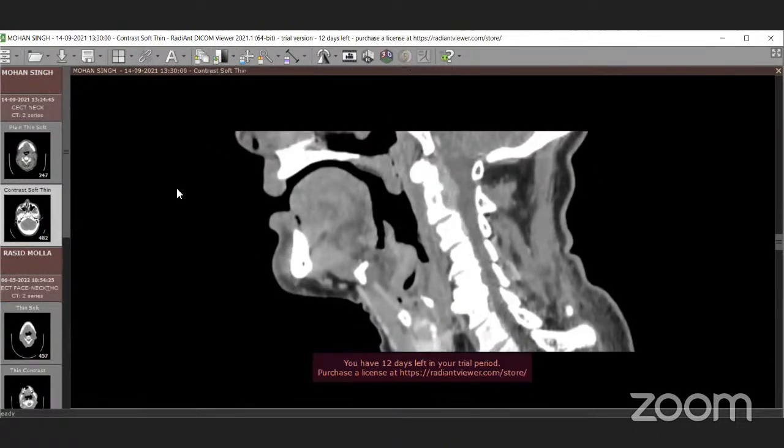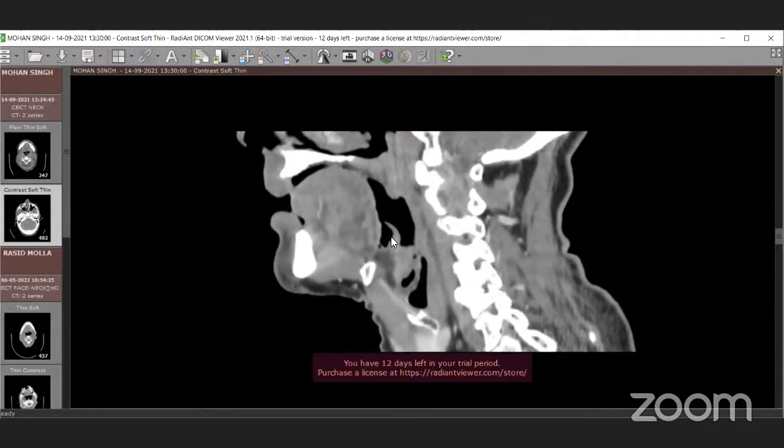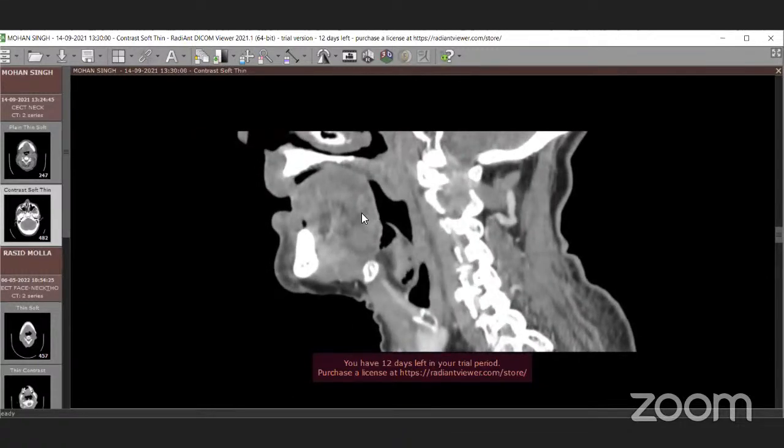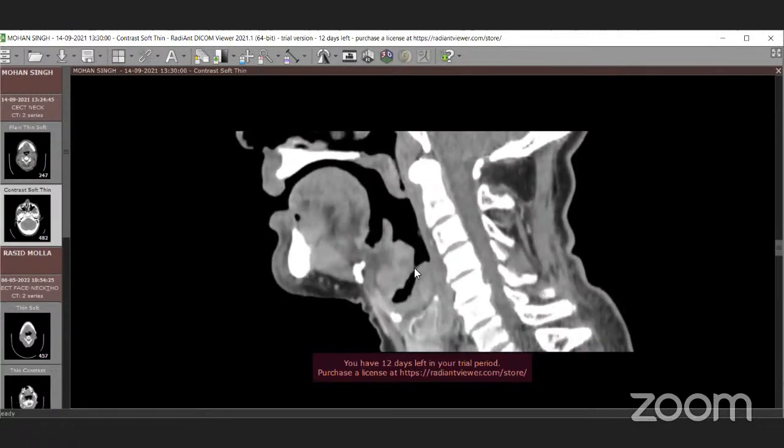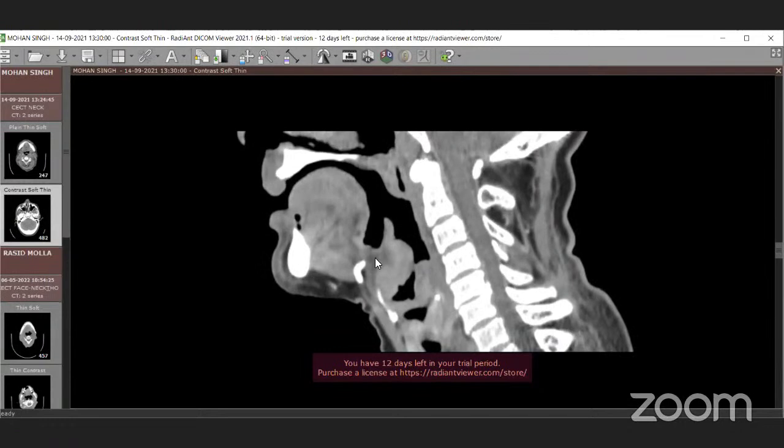First thing is what we had discussed earlier: the oropharyngeal portion of the tongue, the posterior third of the tongue, and this level of the vallecula. These are all included in the oropharynx, as well as some part of the posterior aspect of the free margin of the epiglottis.